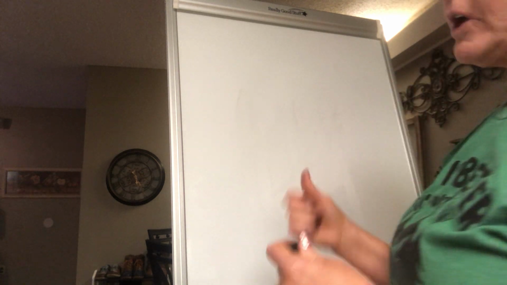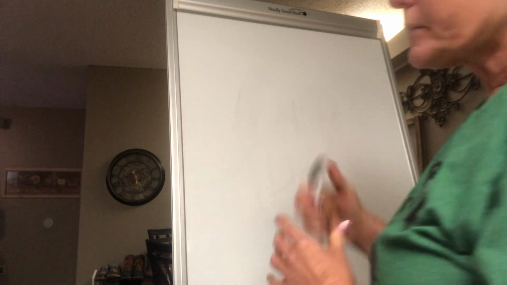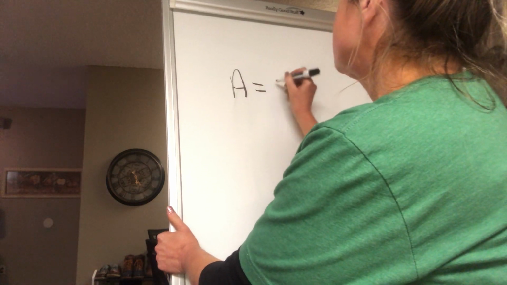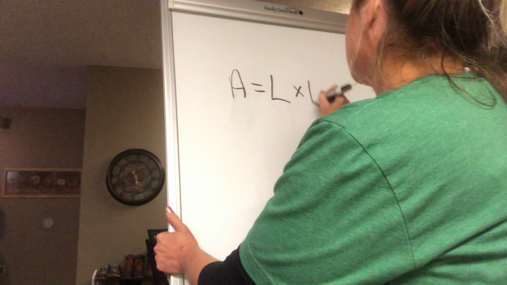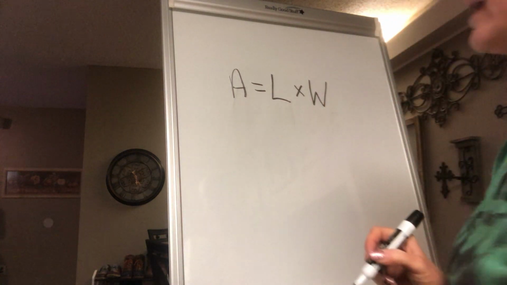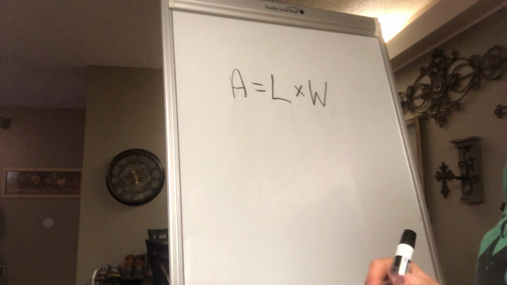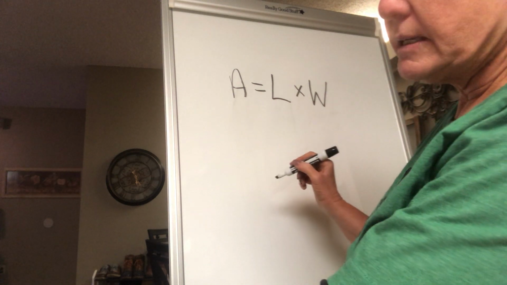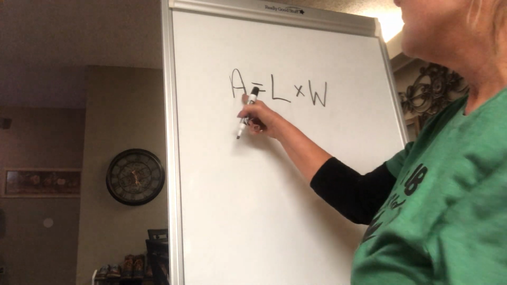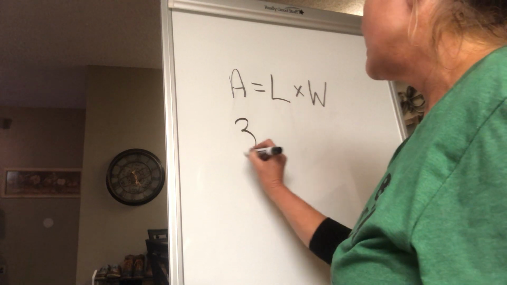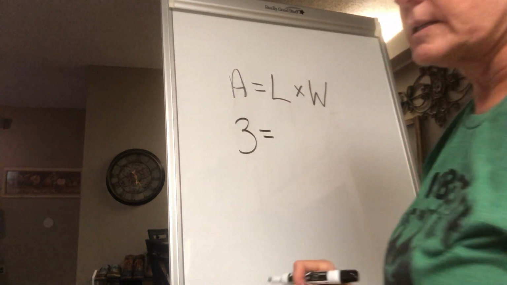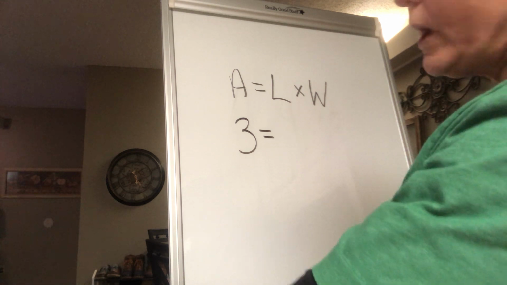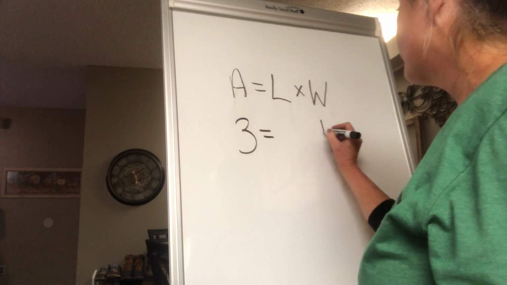So the first thing we have to think about is area. We know that area is equal to length times width. And then it gave us some of the parts of this. It told us that the area is 3 square feet, so we know what the area total is. And then it told us that the width is 1/2.